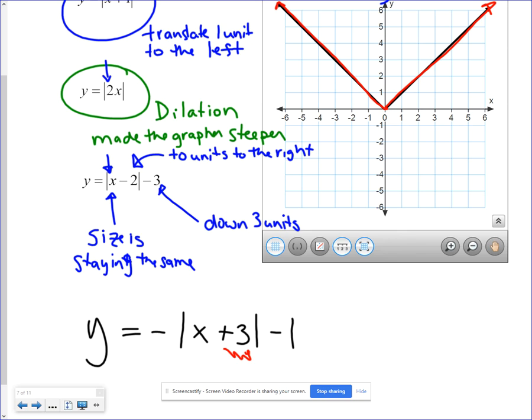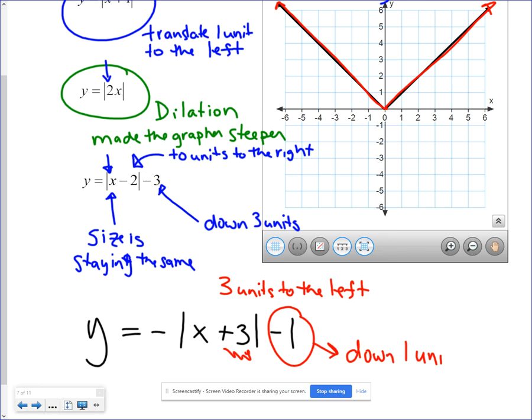If it's a minus number, it moves it to the right. If it's a positive number, it moves it to the left. So this is 3 units to the left. The -1 will move it down 1 unit. And what do you think the negative sign is going to do? It's going to reflect it over the x-axis.